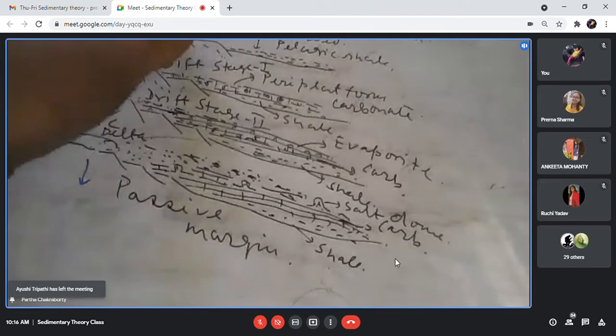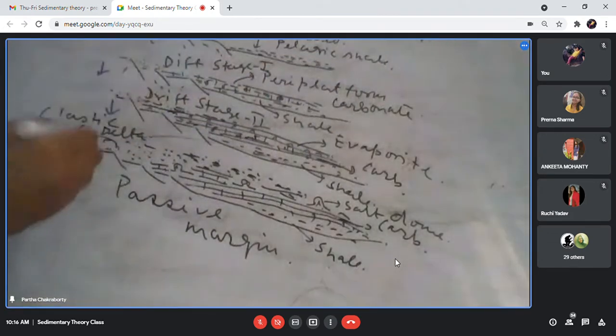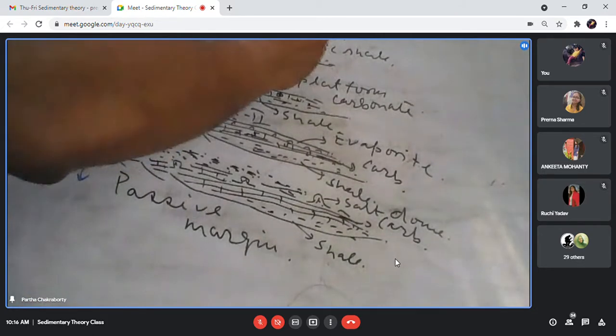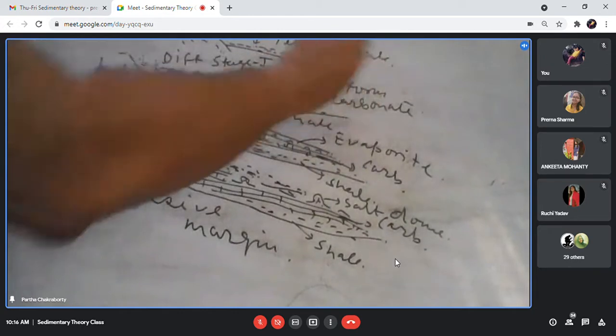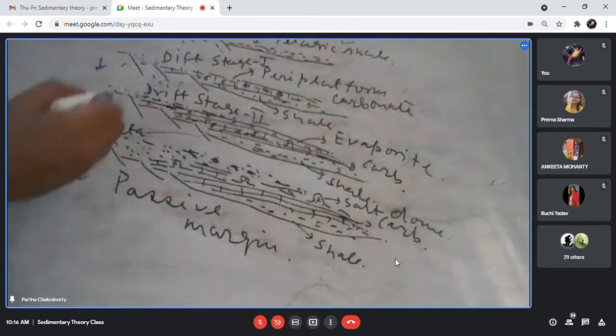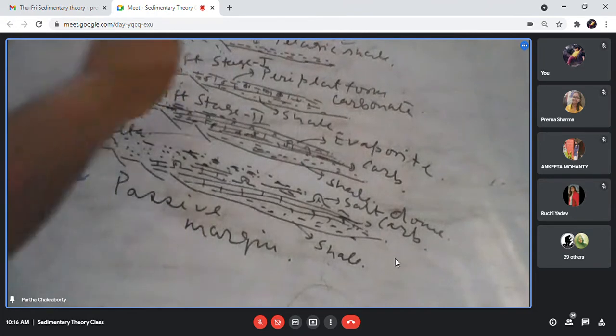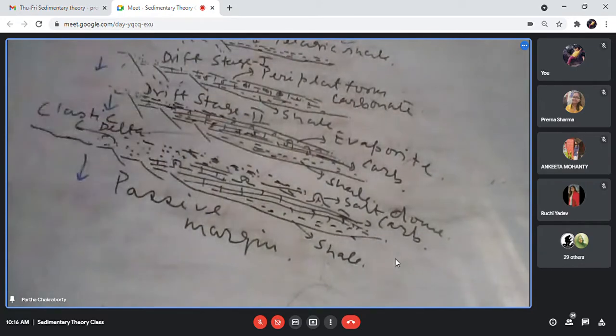So this is written rift and opening of proto-ocean. Then I have written starved pelagic shale. Then this is drift, drift stage 1.